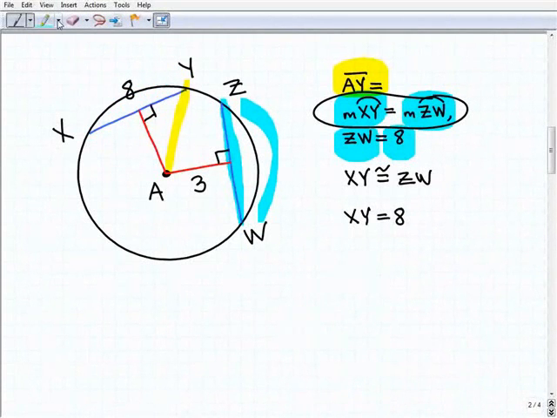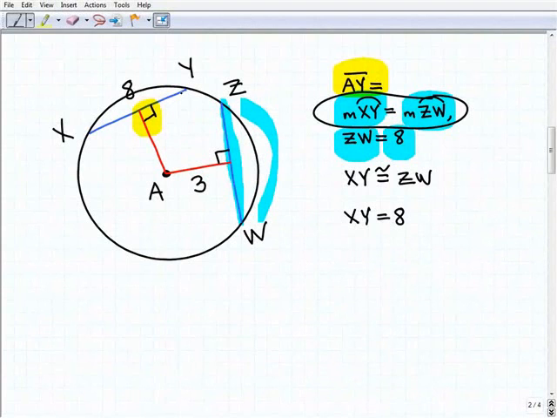Now, the next thing I want to key in on is this perpendicular angle. We have not quite a radius, but part of the radius or part of the diameter, on the same line that is perpendicular to this chord XY. What do we know about a diameter or radius, or any part of those, when it forms a perpendicular angle with a chord?